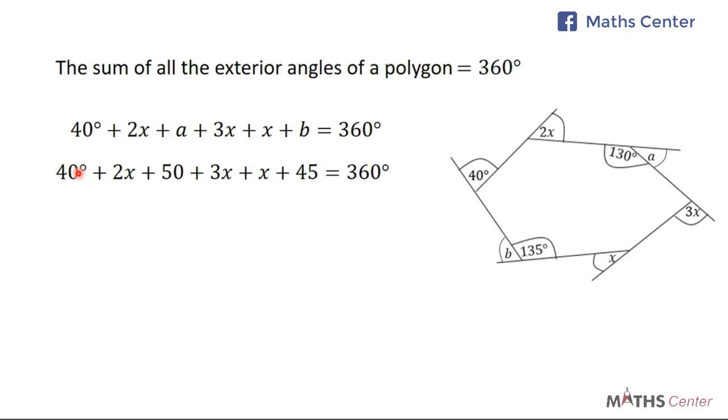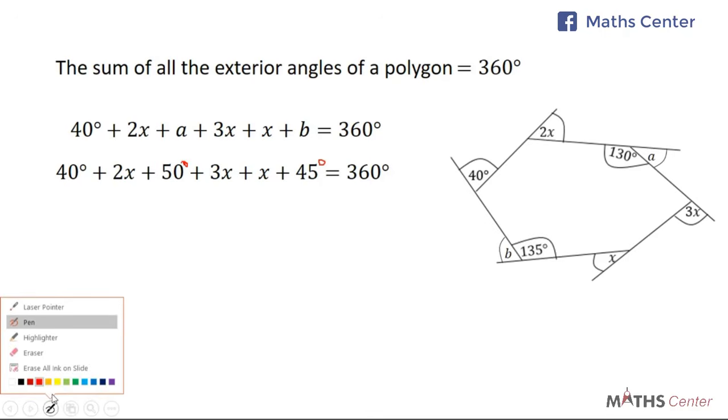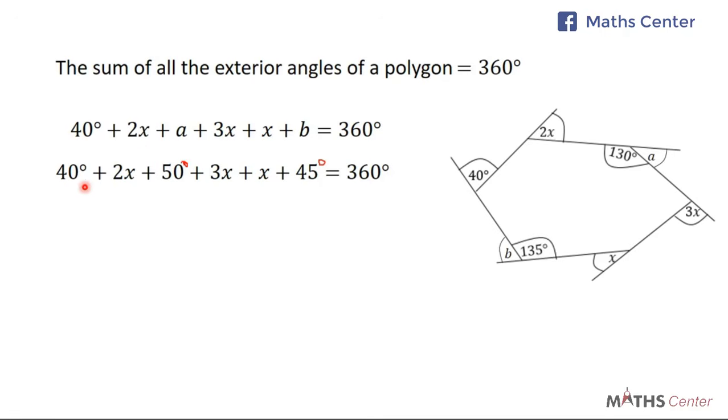Don't forget, the 50 here is in degrees. I can't write this very well because I'm using the pointer on my computer. So we have 40 degrees plus 2x plus A, which is 50 degrees, plus 3x plus x plus B, which is 45 degrees, is equal to 360 degrees.